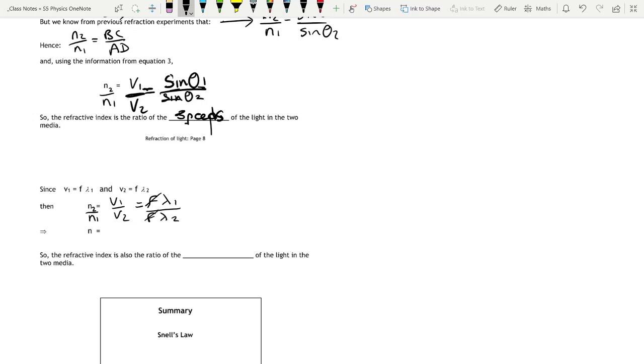That frequency can cancel out because that doesn't change, so N2 over N1 is equal to wavelength in medium 1 divided by wavelength in medium 2. So the refractive index is also the ratio of the wavelength of the light in the two media.